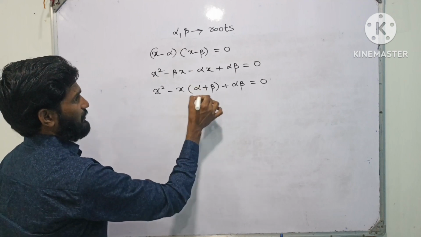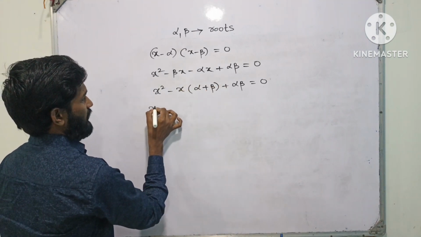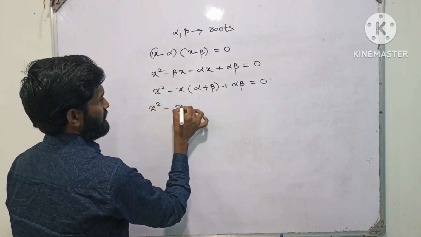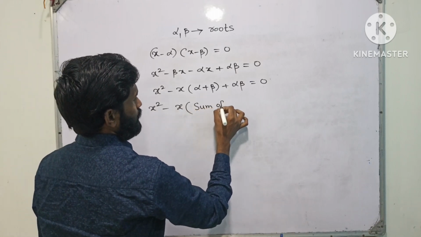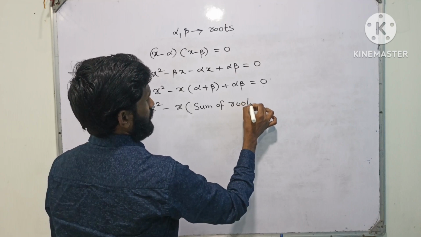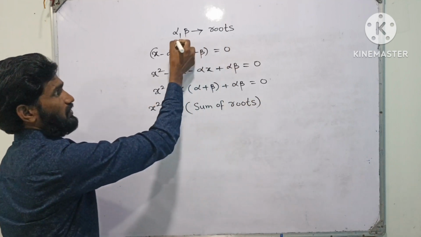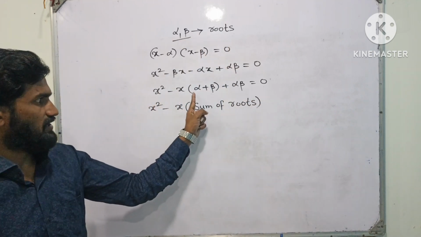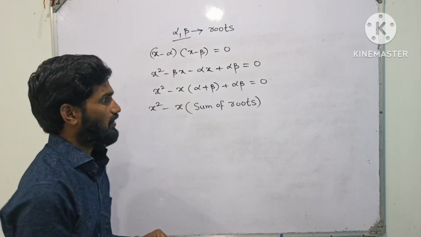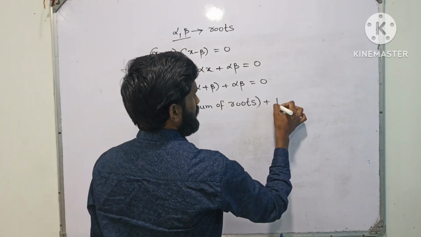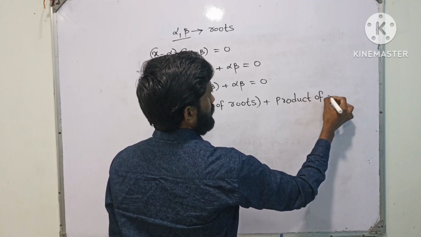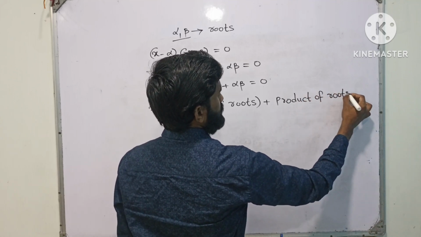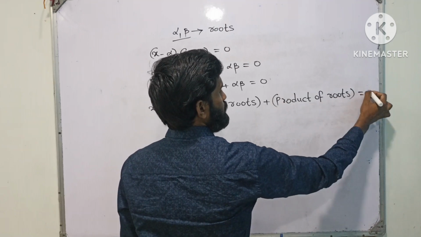Now in place of alpha plus beta, we can write: x square minus x into, this is the sum of roots. If you observe, our roots are alpha, beta. Alpha plus beta is nothing but the sum of roots, and alpha beta is nothing but the product of roots, which equals 0.